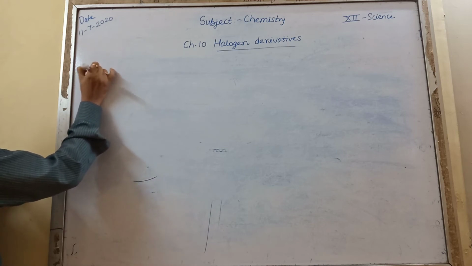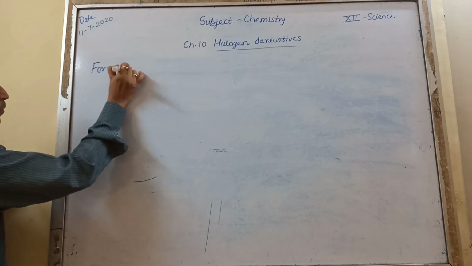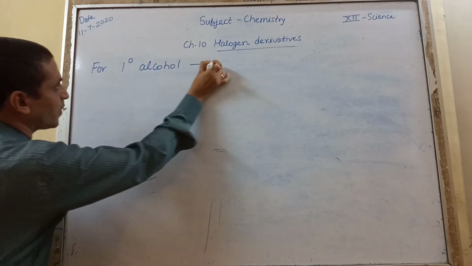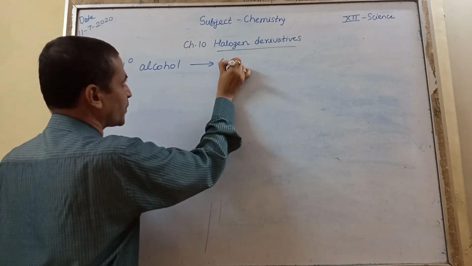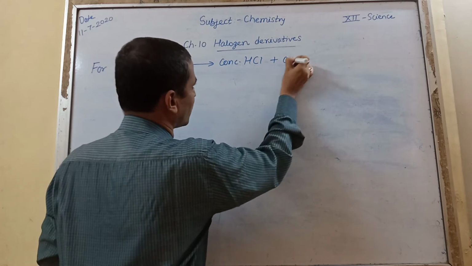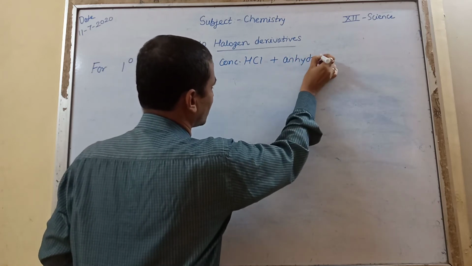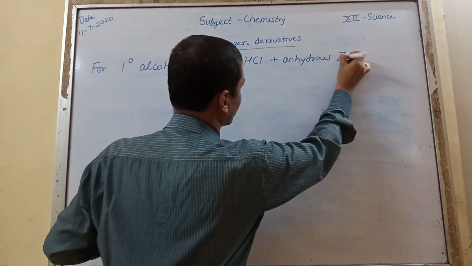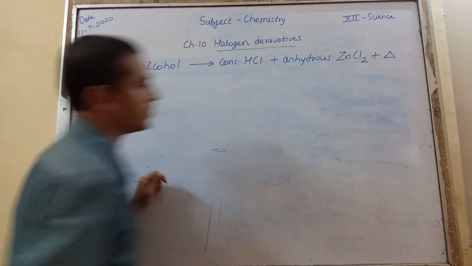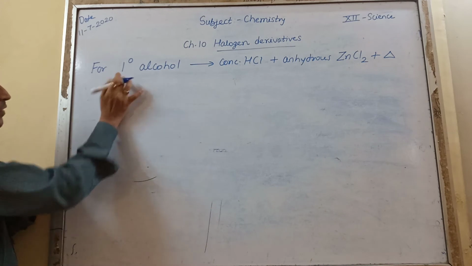See, for primary alcohol, conditions required are what? Concentrated HCl plus anhydrous zinc chloride plus heat. Heat is required because primary alcohol is less reactive.